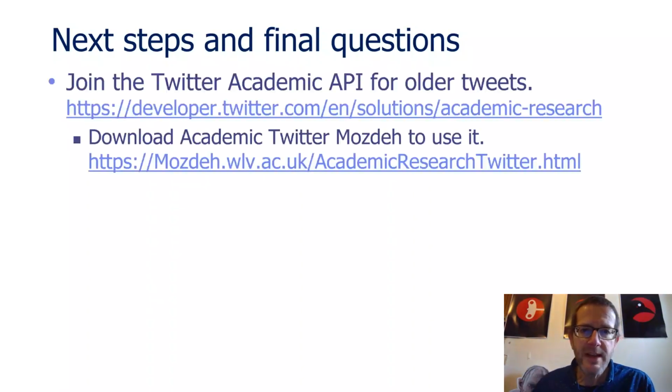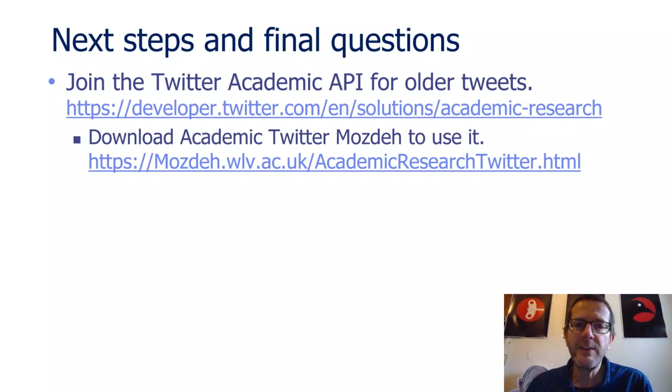Okay, so next step. If you're ready to get the full set of Twitter, then you need to sign up with this URL to the academic API. You have to specify why you want the data, and you have to be quite detailed about this. We have had people in the past rejected and had to apply again.